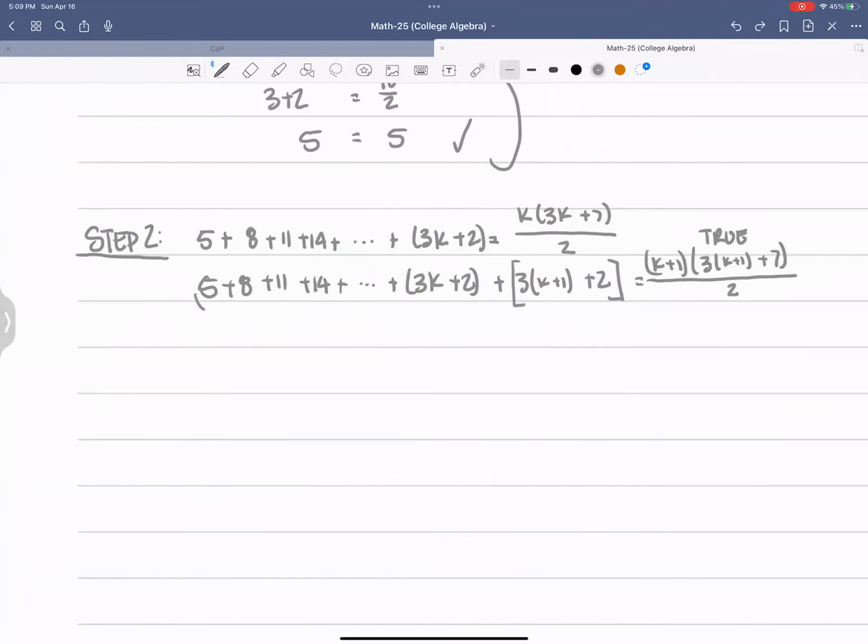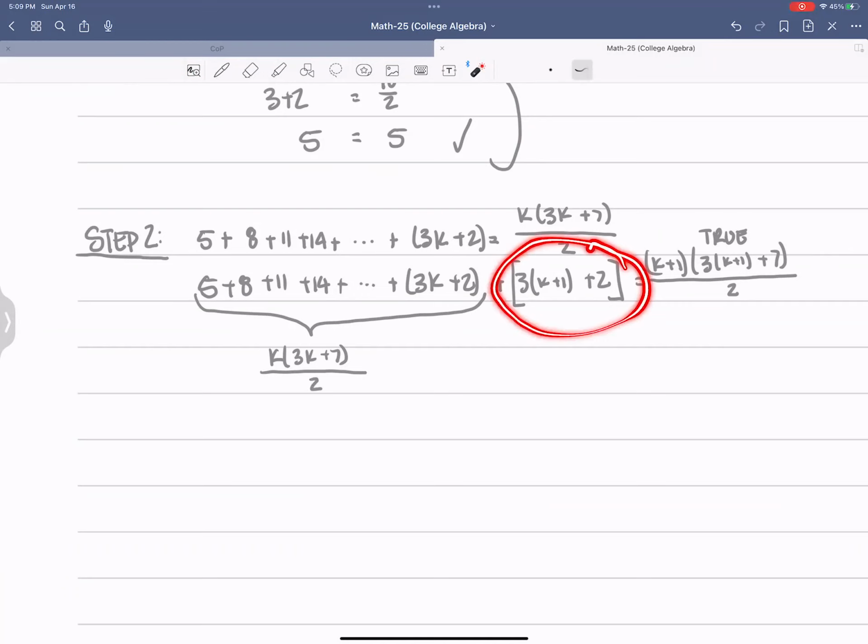So instead of writing this right here, we're going to write this as k times 3k plus 7 over 2. We still have this part on the left-hand side of our equal sign, so we're going to add that as well. So plus 3 times k plus 1 plus 2.